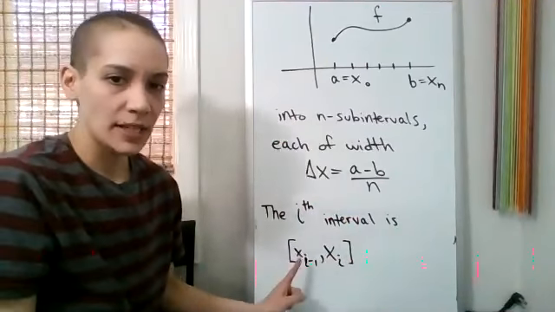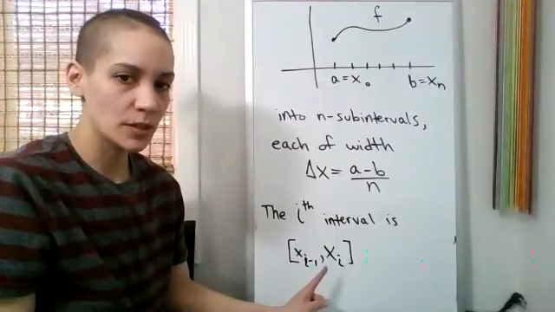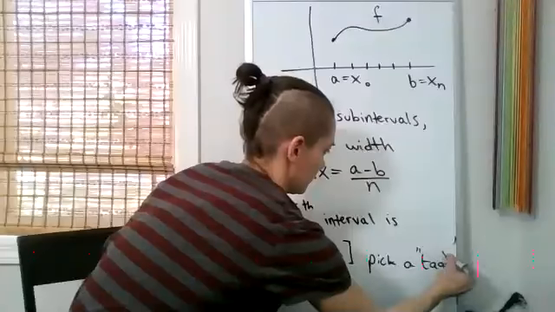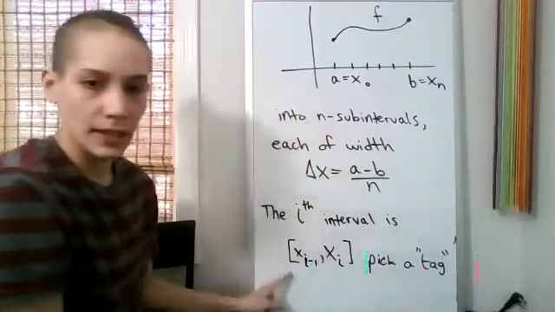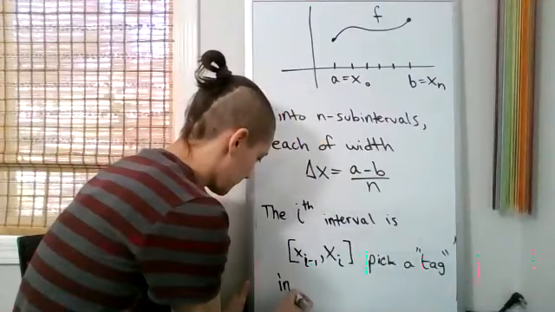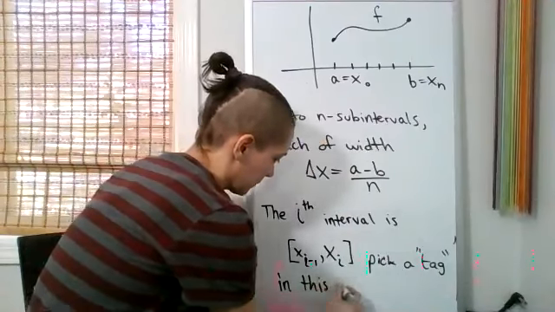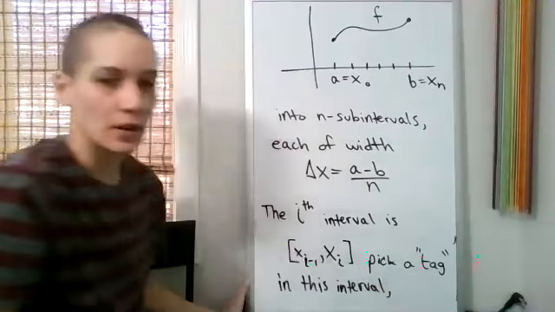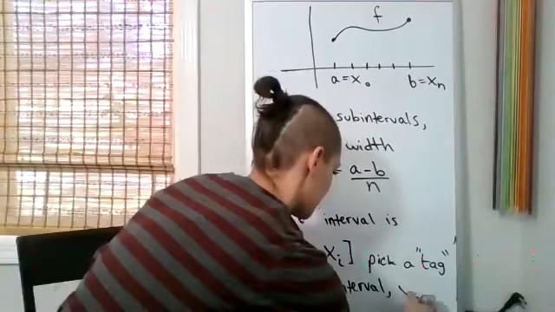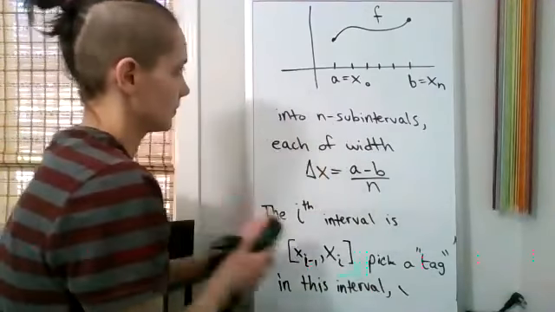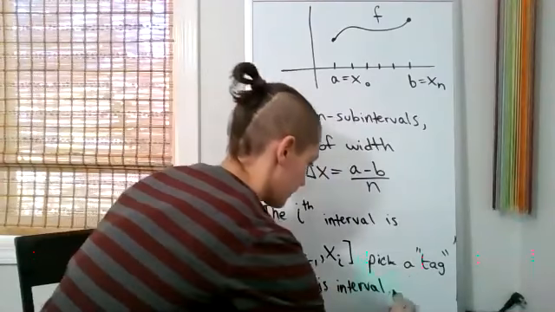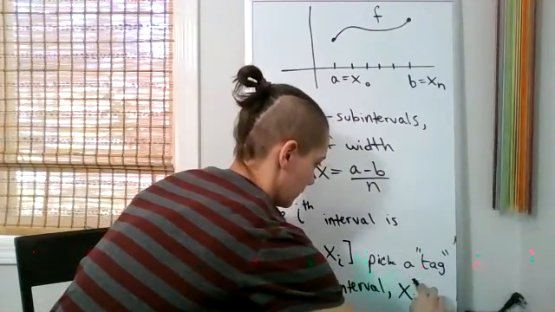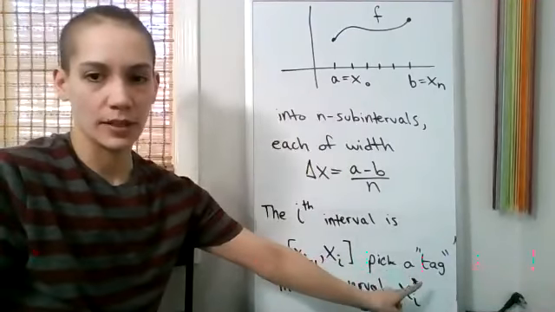Okay, and then you pick a value, or I'm going to call it a tag, in that interval. So pick a tag in this interval. I'm going to call it x sub i star.